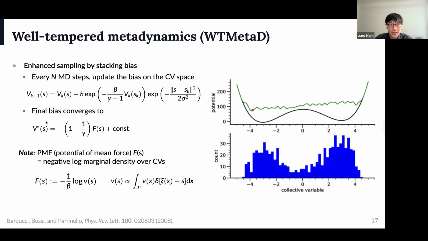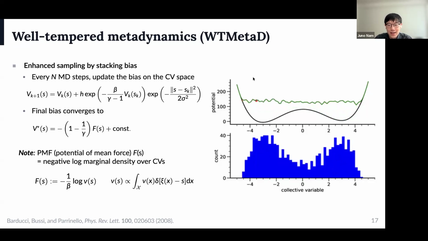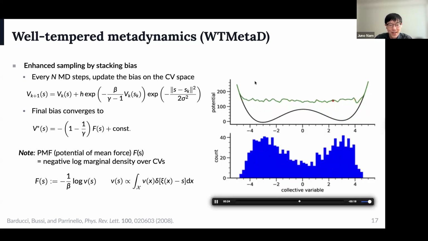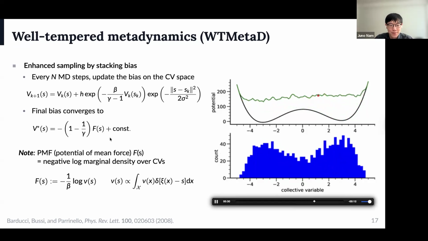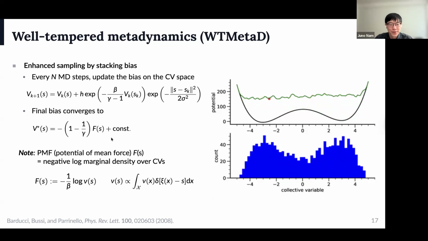The final point I mentioned is that after convergence, this bias adds up to the original potential energy landscape, and in the collective variable space, the final MD simulation will behave as if we are sampling from a different temperature.